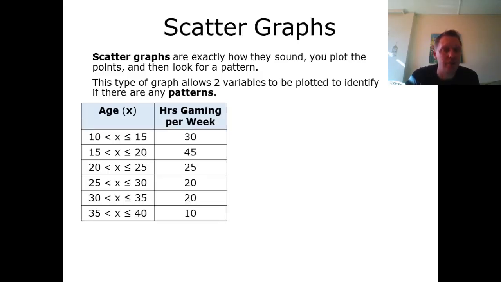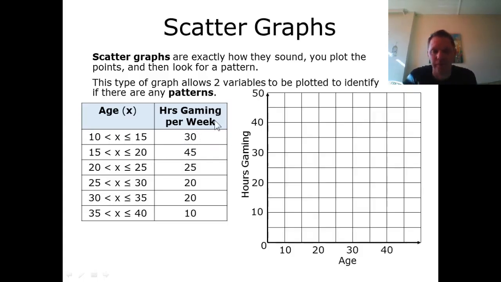So for example, here we've got some class intervals: age ranges from 10 to 15 years old, 15 to 20 years old, and the amount of hours gaming per week that they do. On our graph, we've got a standard graph with age as our horizontal axis and hours of gaming as our vertical axis, and we're just going to plot all of these points.